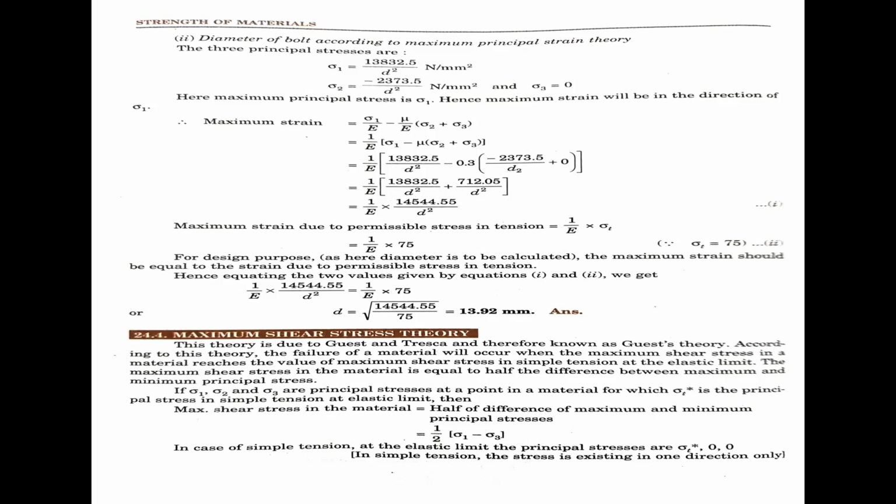The maximum shear stress in simple tension equals half the difference of maximum and minimum principal stresses, 1 by 2 of sigma t star minus sigma 3, which is 0. So we get the formula 1 by 2 sigma t star.